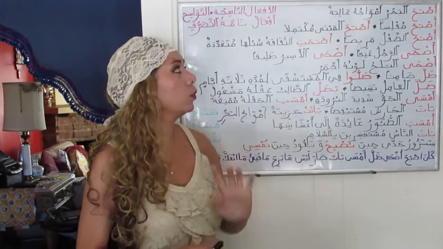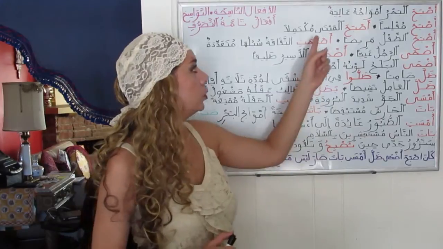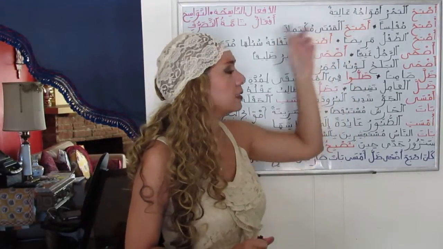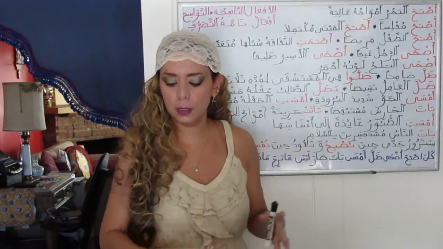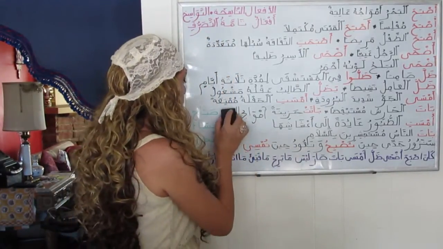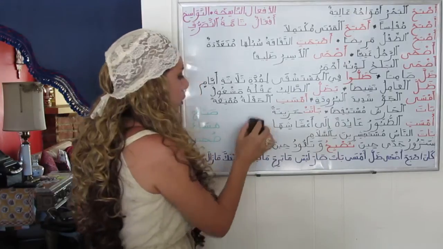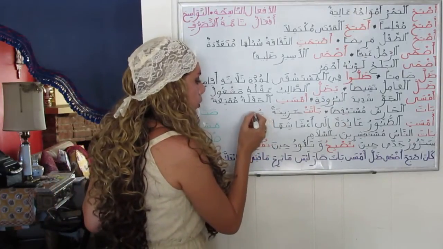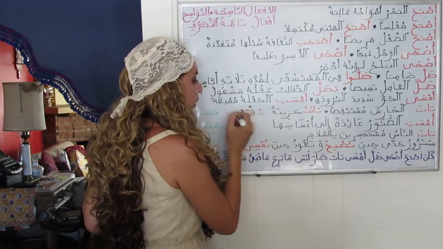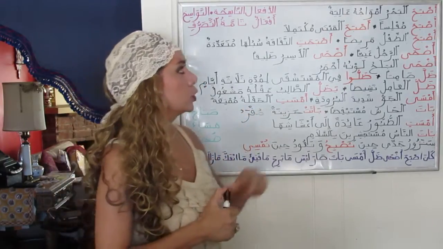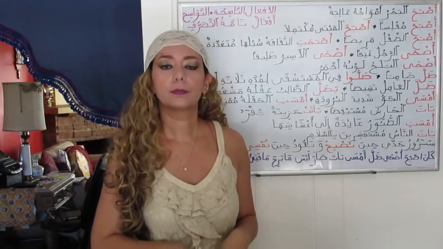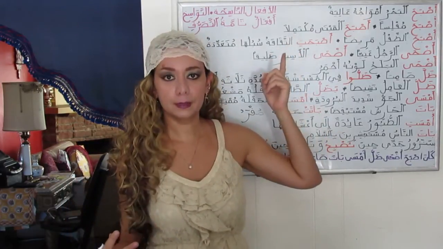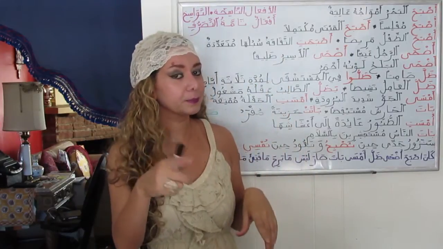أصبح المبنى مكتملا. Here, the form of the predicate is singular. This is a singular form because we have just one word. Singular form means مفرد. So the building has become complete in the morning.